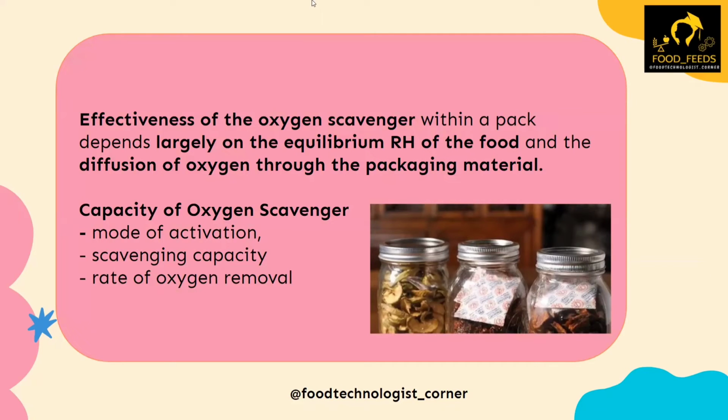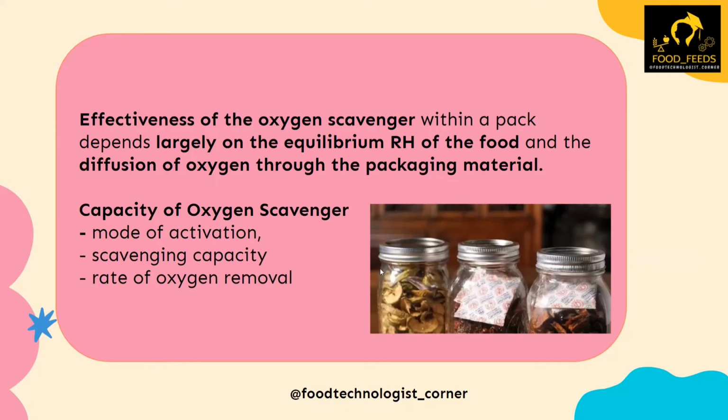So if you see this box, majorly the effectiveness will depend upon the relative humidity of the food inside it, and also this is a glass material, the packaging material. How much oxygen can diffuse inside the packaging material will also influence the effectiveness of oxygen scavengers.